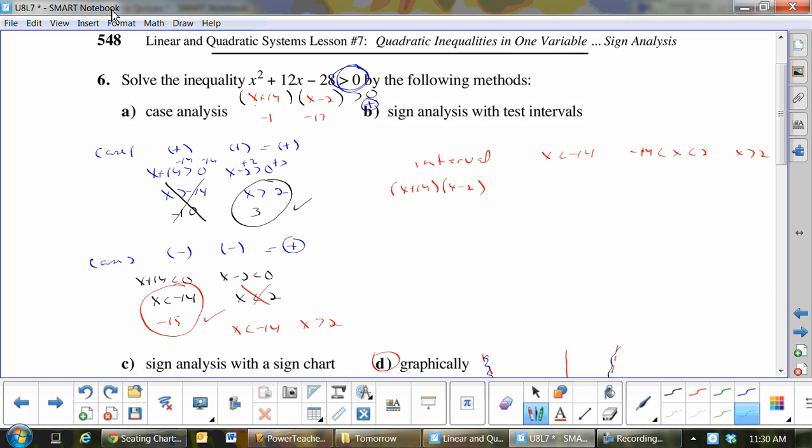Give me one. Try negative 15, right? Okay, put it in. You would get a negative 1 and a negative. Negative, negative. So you would get a positive here.